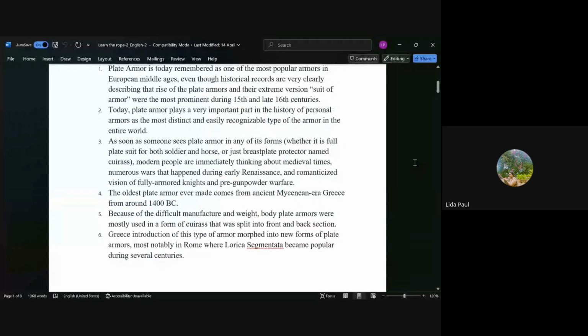Plate armor is today remembered as one of the most popular armors in Europe in Middle Ages, even though historical records are very clearly describing that rise of the plate armors and their extreme version, suit of armor, were the most prominent during 15th and late 16th centuries. You can take a minute, look at it and let me know which adverbs you have figured out in this.